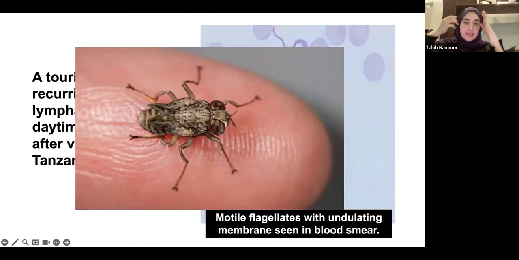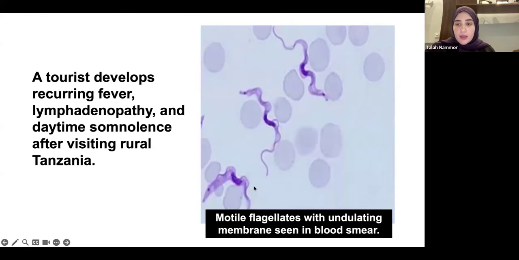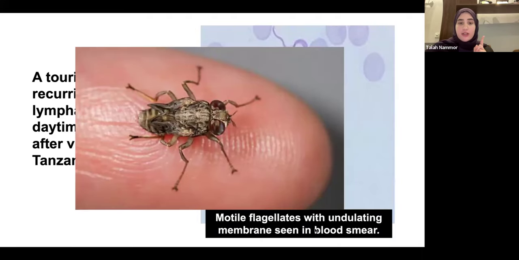Right, you're right. It's this fly. It doesn't look like a fly to me, honestly. It looks really weird. But yeah, it's the tsetse fly. So again, this is Trypanosoma brucei. It's long, it's thin, it causes sleeping sickness, African sleeping sickness, and the vector is this tsetse fly.